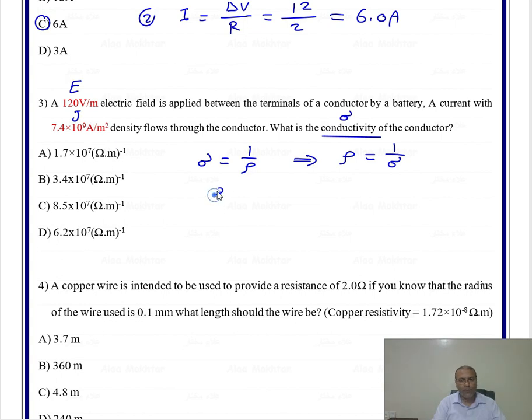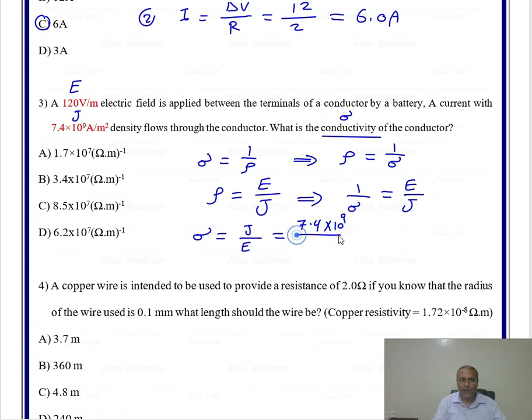There is an equation rho equals E over J. Rho I can substitute by 1 over sigma. 1 over sigma equals E over J. So sigma equals J over E. J density is 7.4 into 10 to the power 9, E is 120.